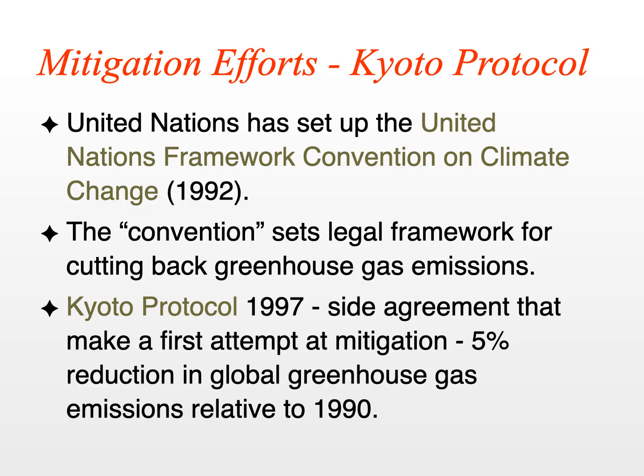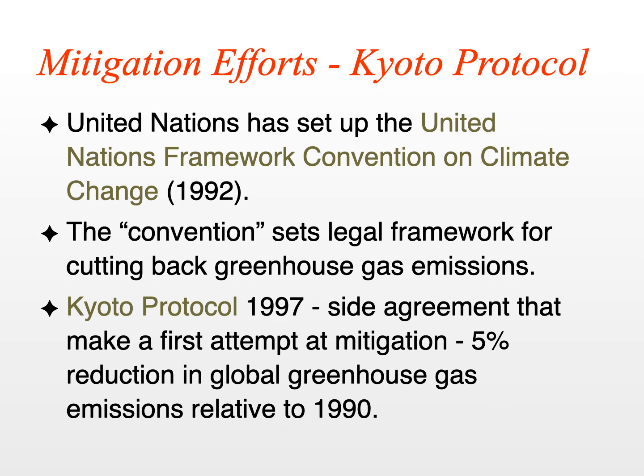So are we doing anything to reduce the impact of human-caused climate change? Scientists and politicians have been busy. In 1992, an actual framework convention took place dealing with the problem of climate change.